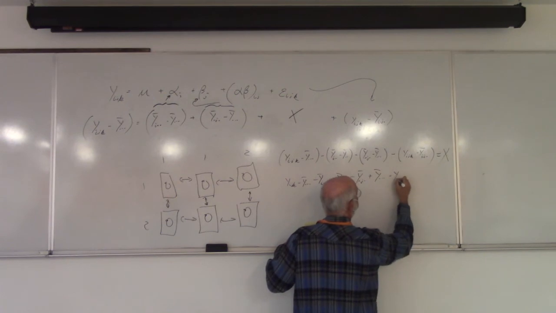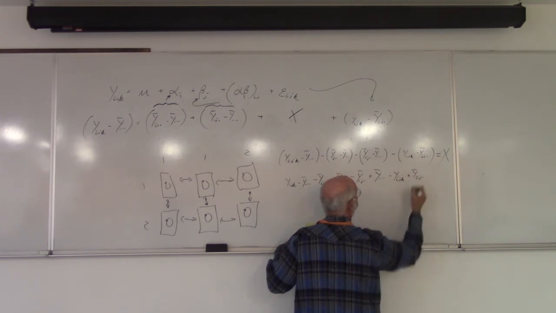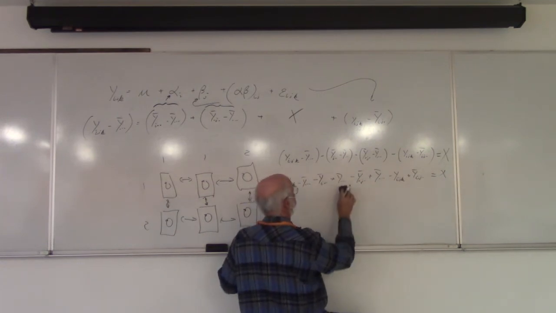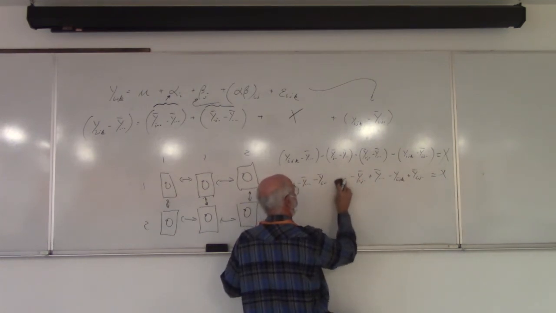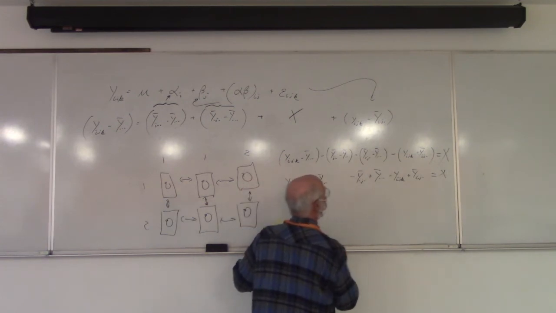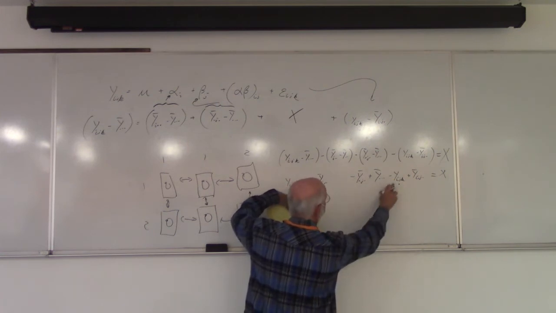Minus yijk plus ȳij. is equal to x. All right, plus ȳ... minus ȳ..., yijk minus yijk.